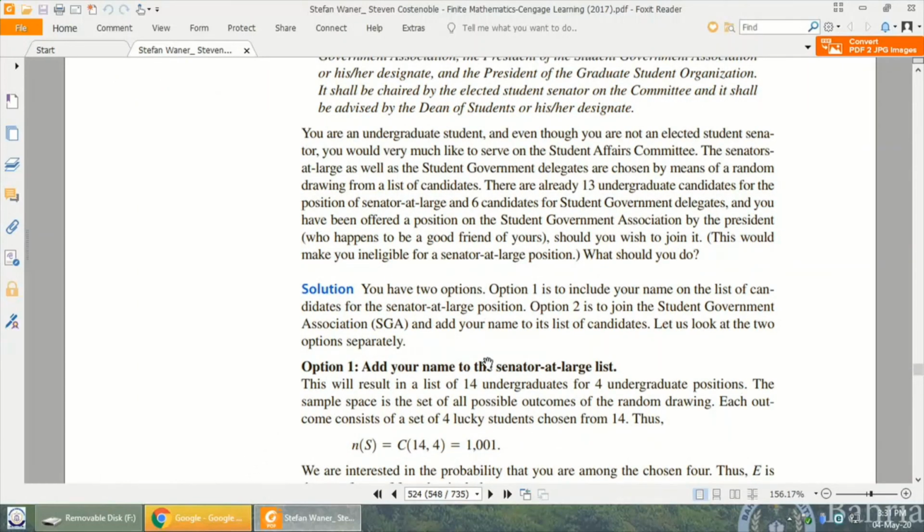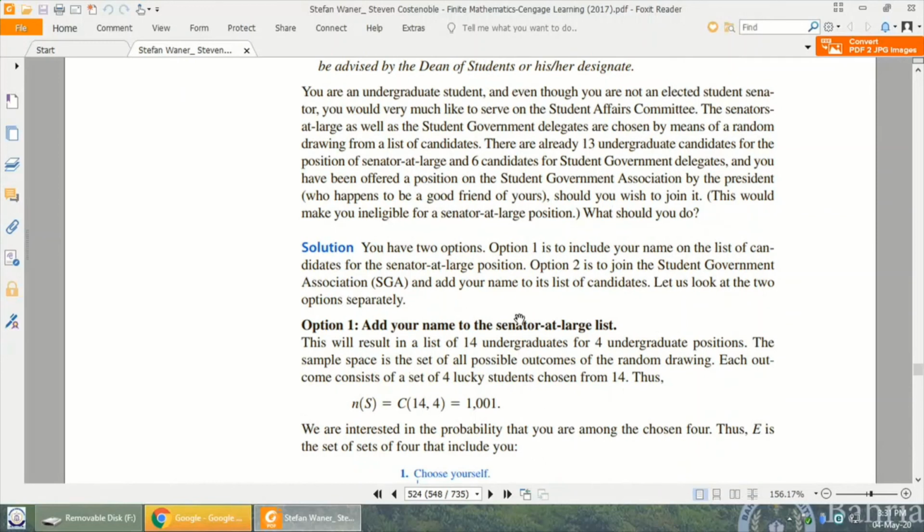So for the first option, one is to include your name on the list, and option 2 is to join the Student Government Association. So there are 14 undergraduate students if you include yourself, and then as per option 1, 4 positions for 4 undergraduate positions.